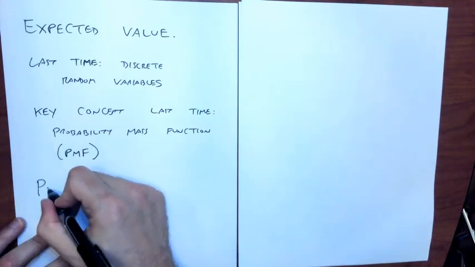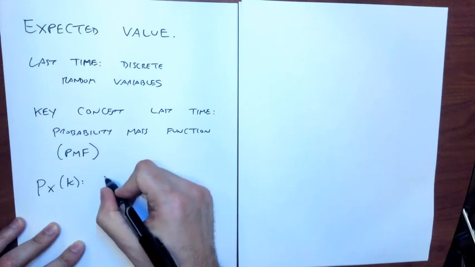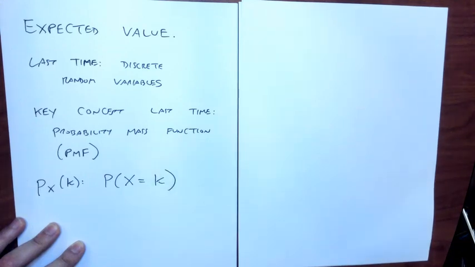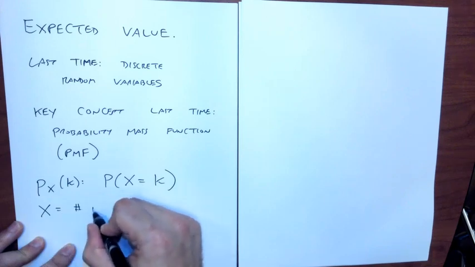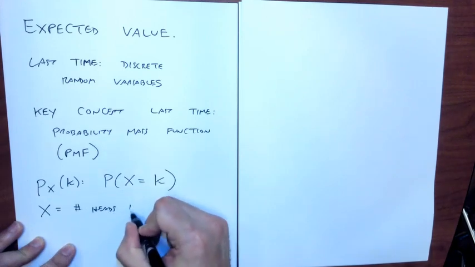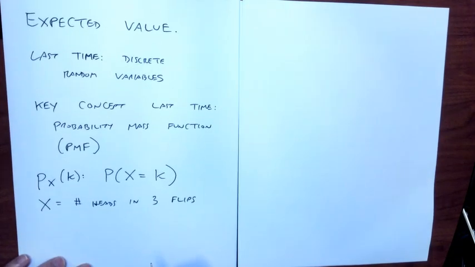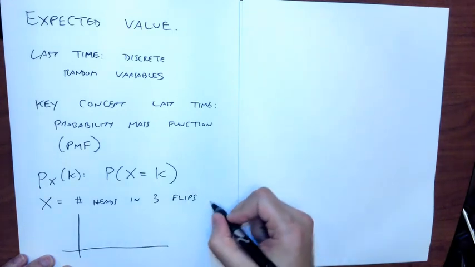So if I have Px of k, that's the probability that the random variable x takes on the value k, right? So for example, say I flip a coin 3 times, then my probability mass function looks like, in 3 flips of a fair coin, okay?